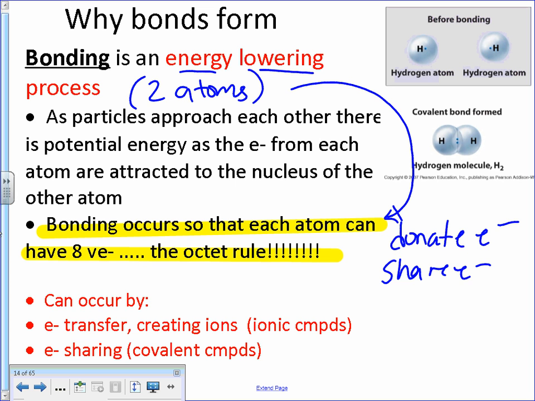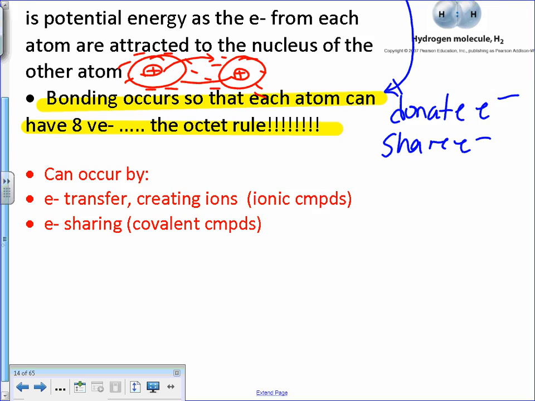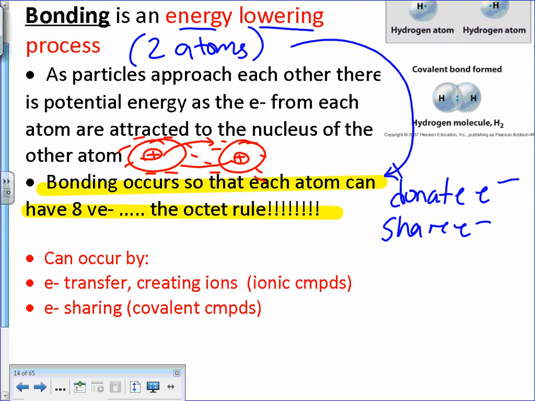Basically, this goes back to Coulomb's law, where the protons of the nucleus are attracted to the electrons here, and the protons of this nucleus are attracted to the electrons here, so they form an attraction for one another. That's what that's referring to as the attractive components of the nuclei. You don't have to write all that down, just the red and the highlight there.